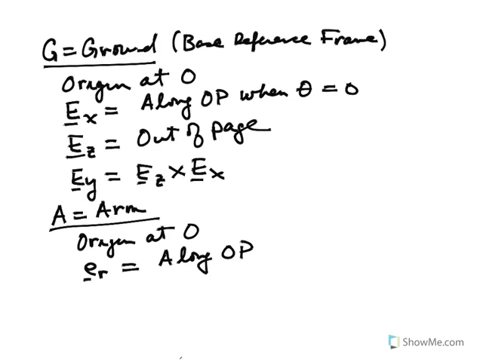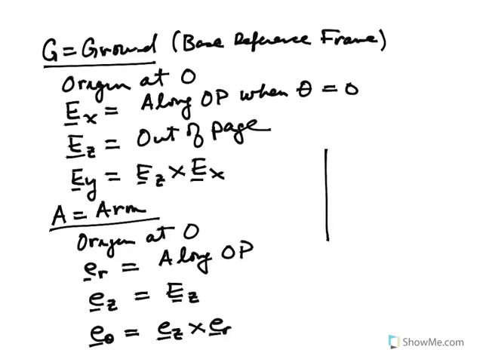Notice that this is actually along OP, whereas when I did the ground, it was along OP when theta equals 0. So it's not the same. They're not the same direction. One is actually fixed to the arm, one's fixed to the ground. EZ is going to be the same as big EZ, and then E theta is going to equal EZ crossed with ER.